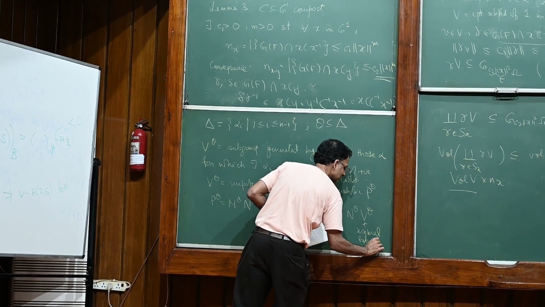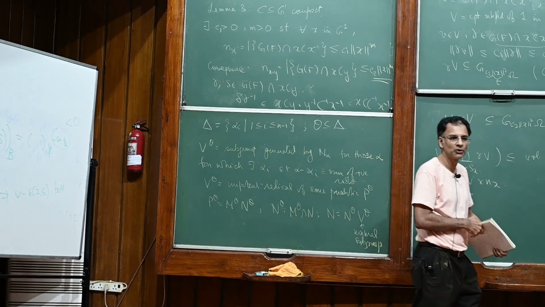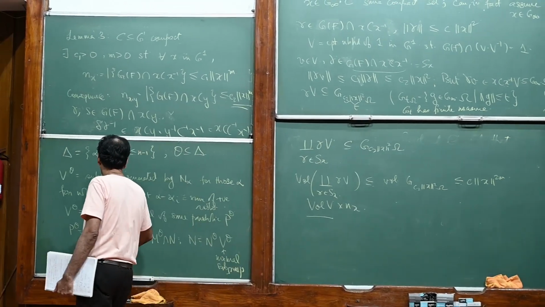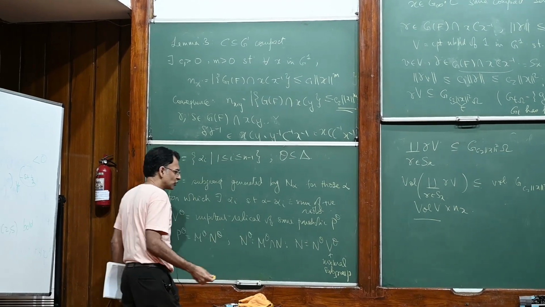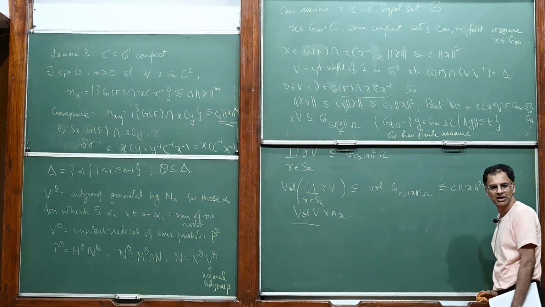Maybe I'll work out some example just to tell you what's going on. The idea is we have some parabolic and some unipotent groups, and I'll show you for GL3 what they are, so it becomes clear.